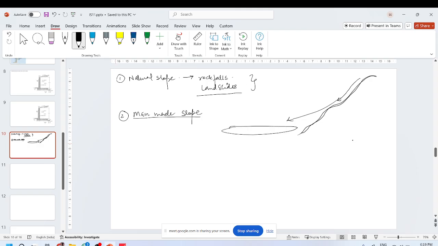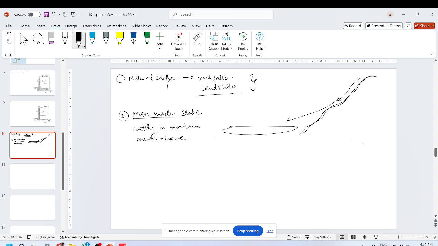Sometimes we do these cuts along the face of the mountains, and we need to assess if these are stable, so for cutting in mountains, excavations.